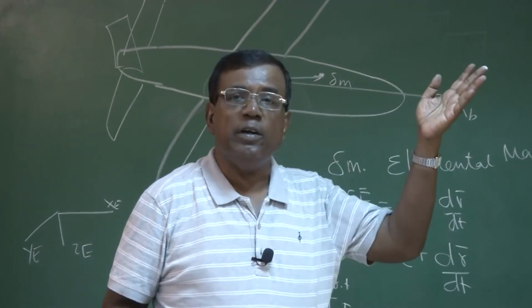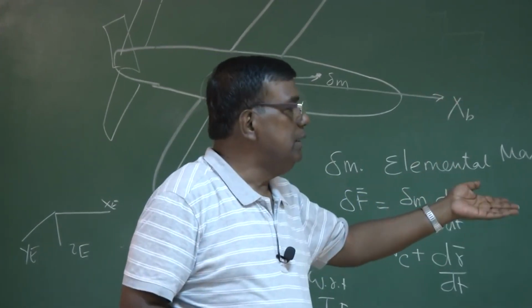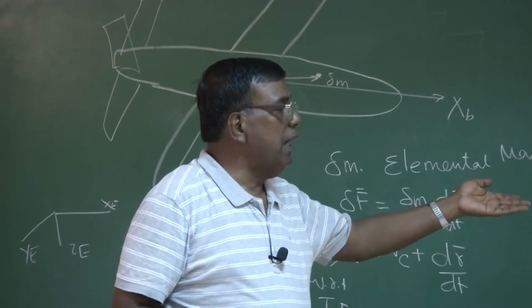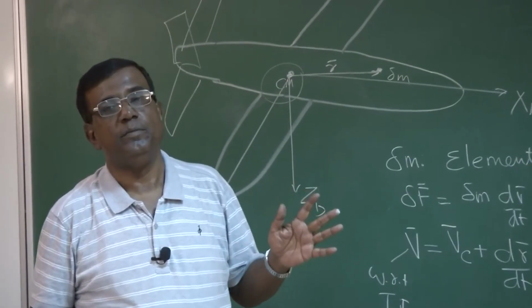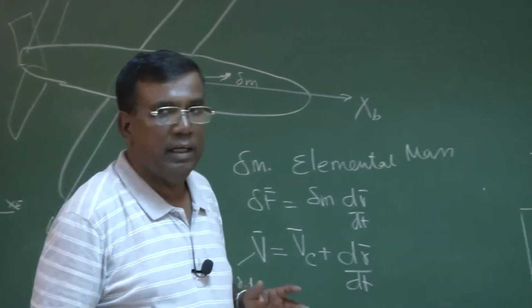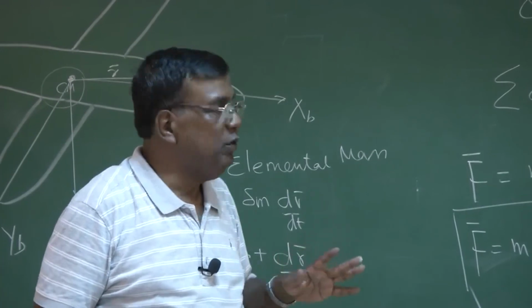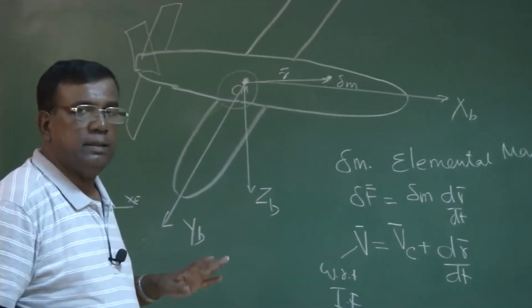Then solve it like a point mass. You will get the acceleration because of external force F. So we have come back to that understanding of point mass. That is the beauty of this analysis, right?